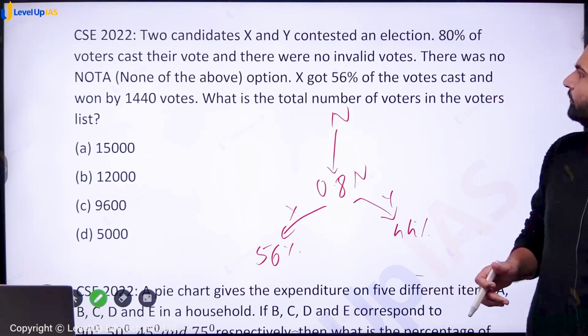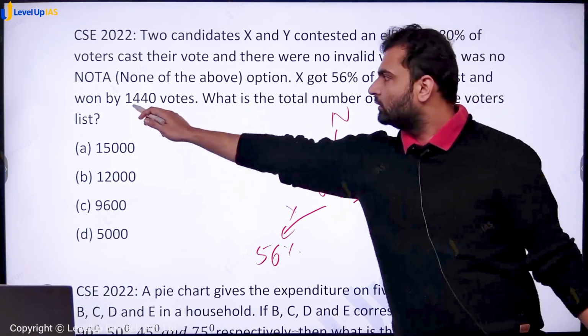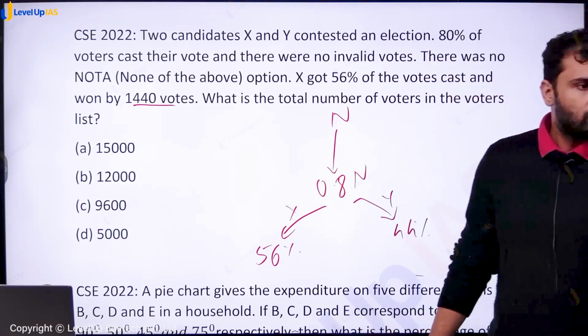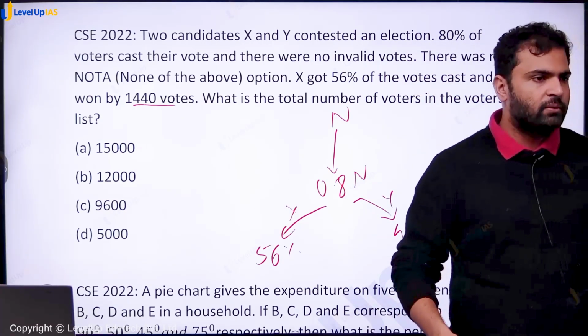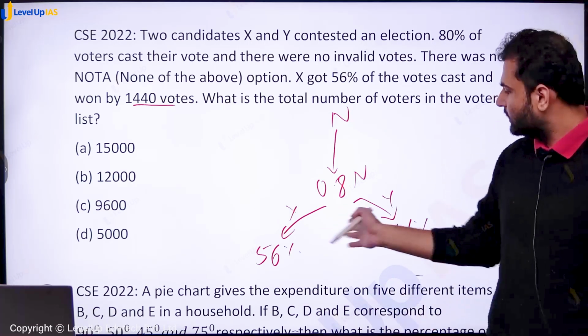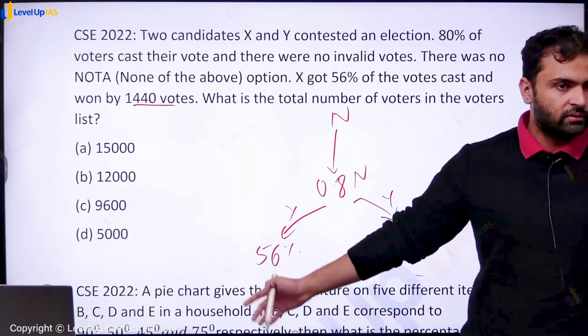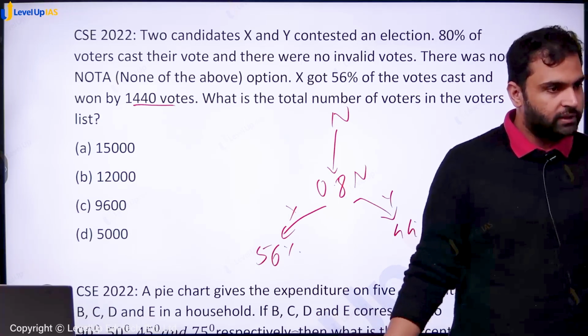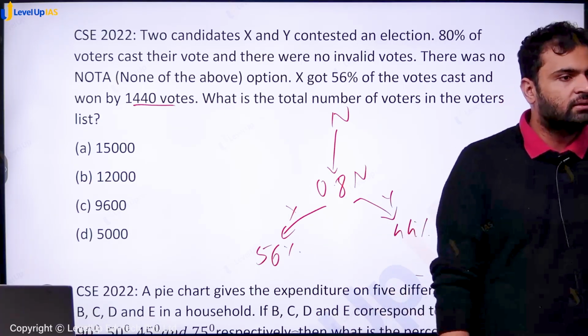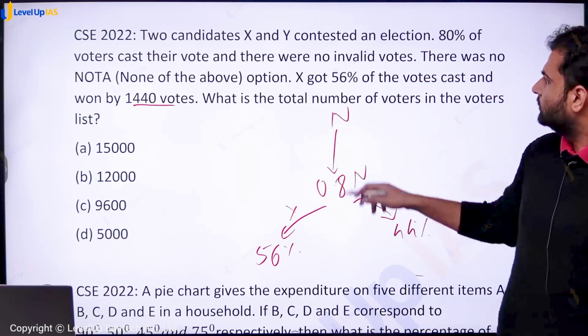And then we are seeing x won by 1440 votes. So meaning difference between votes of x and y would be 1440. उतने वोट से जीता वो, इसका मतलब क्या होता है? इससे ज्यादा उसको उतने मिले, है ना? राइट. So difference between these two quantities is 1440.